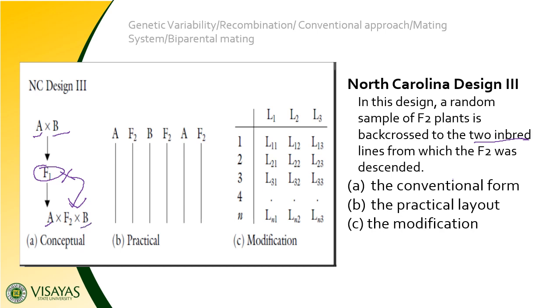For the practical arrangement or layout in the field, you can arrange it like this: in between the A and B, you can place F2s, then also here F2s, and also here F2s. And for letter C, you have the modification of this North Carolina design 3.